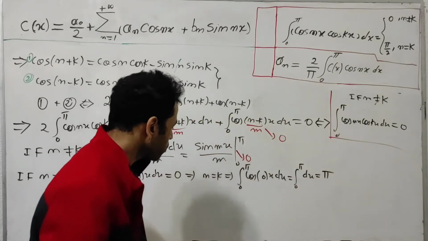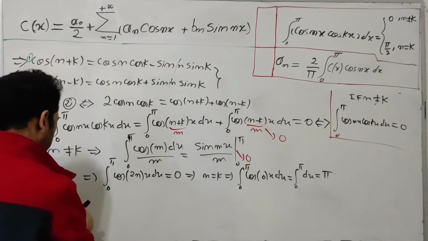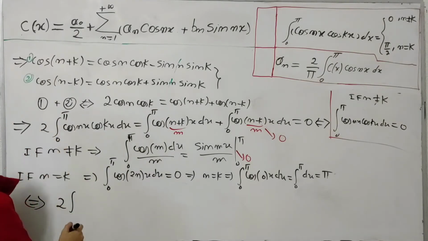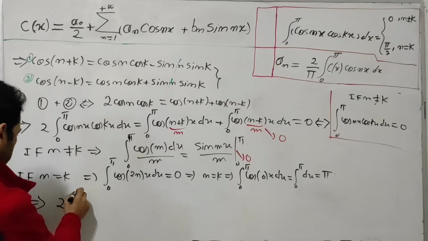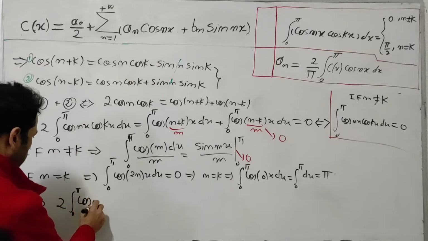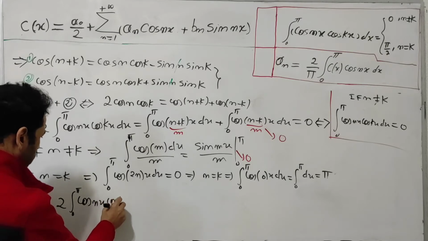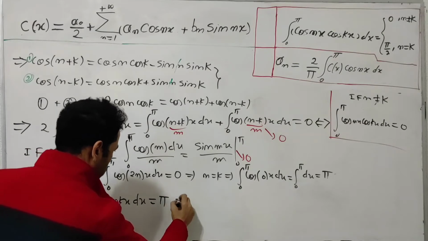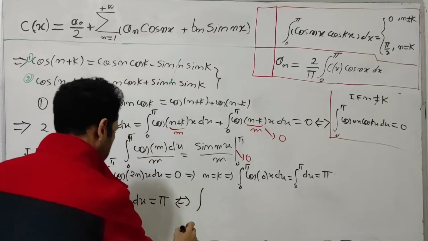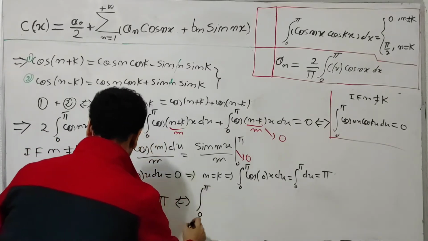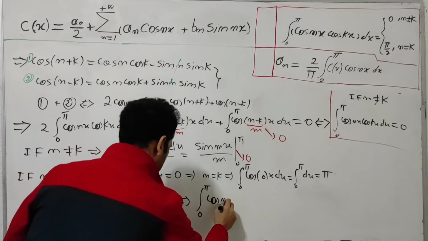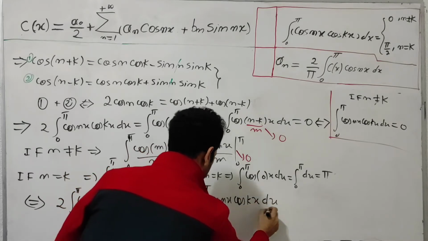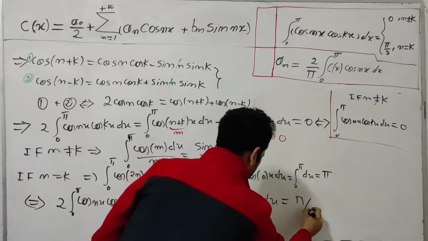Now, the whole integral, 2 multiplied by the integral as x goes from 0 to pi of cosine nx multiplied by cosine kx dx, equals pi. Equivalently, the integral as x goes from 0 to pi of cosine nx multiplied by cosine kx dx equals pi over 2. Okay?